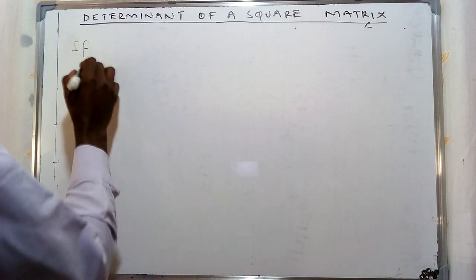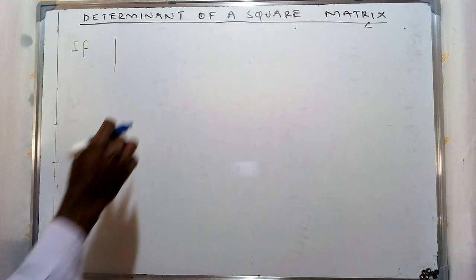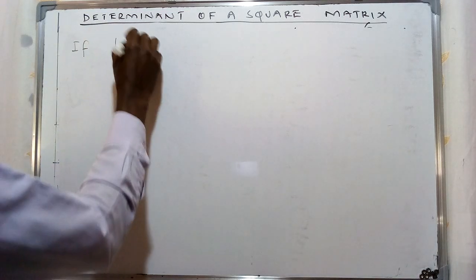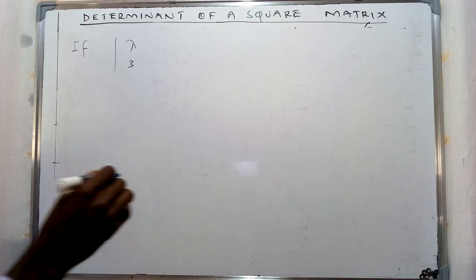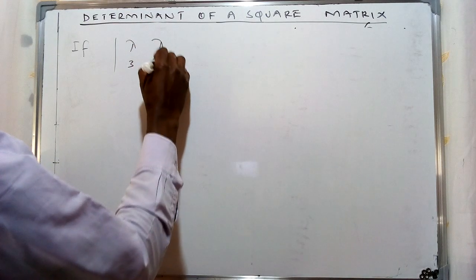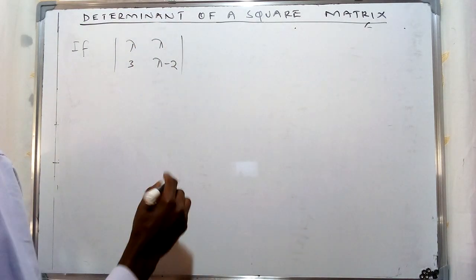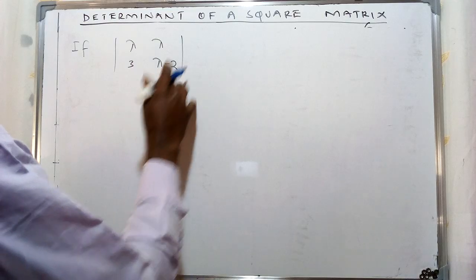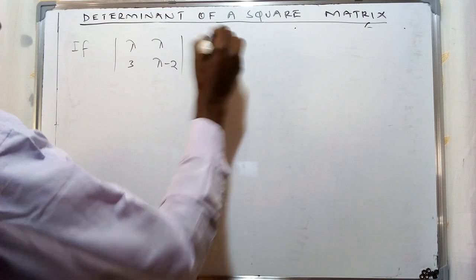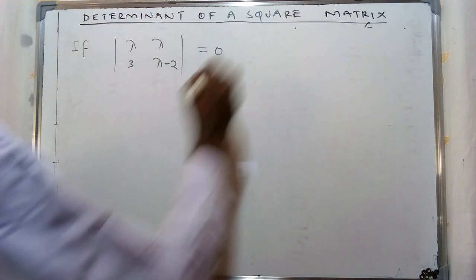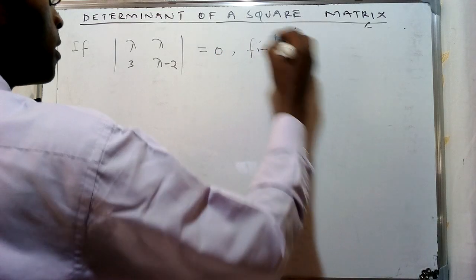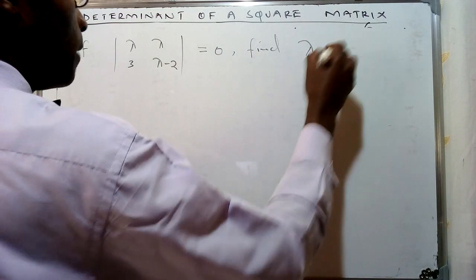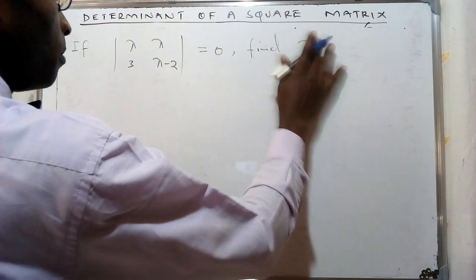If we have a matrix defined by the elements y, 3, and then y minus 2, and if the determinant of this 2 by 2 matrix is equal to 0, then we can find the unknown y, basically lambda.